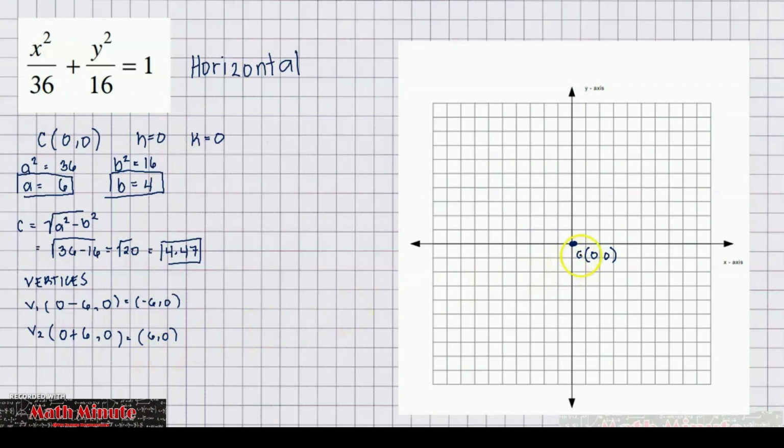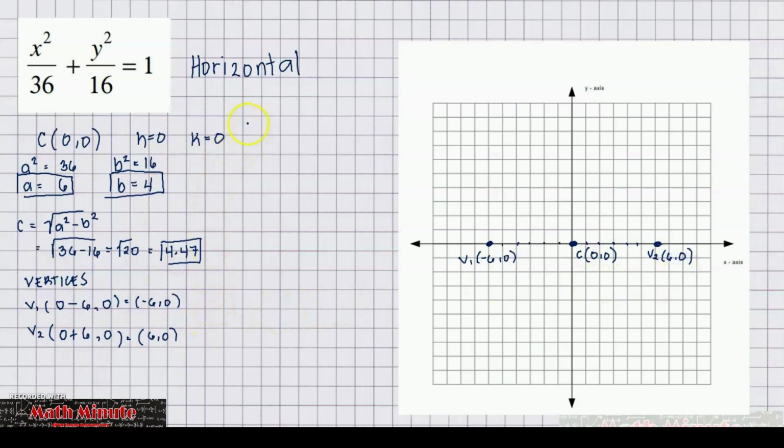So here, x is negative 6, so 1, 2, 3, 4, 5, 6, and y is 0. Negative 6, 0. That is your V sub 1. Then for your V sub 2, 1, 2, 3, 4, 5, 6. So this is your V sub 2, or positive 6, 0.